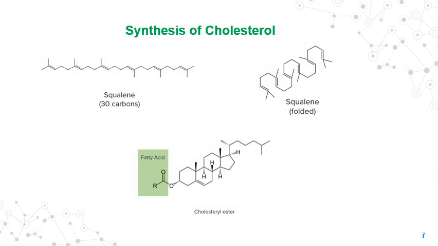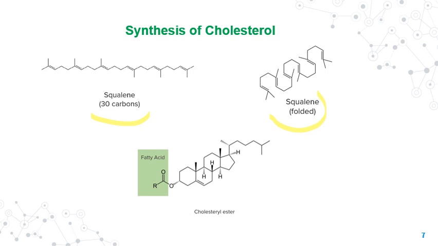So here, how do you make cholesterol? This is something that I would like you to know. You get this huge, squiggly, big molecule of 30 carbons, and that is your squalene. And you start to fold it. So this is the same squalene, but folded in a different way.